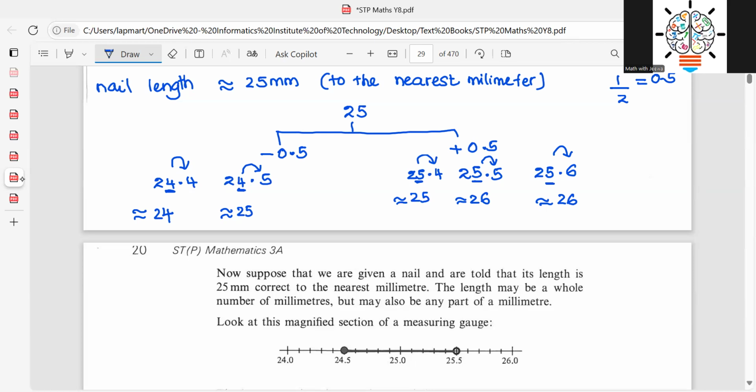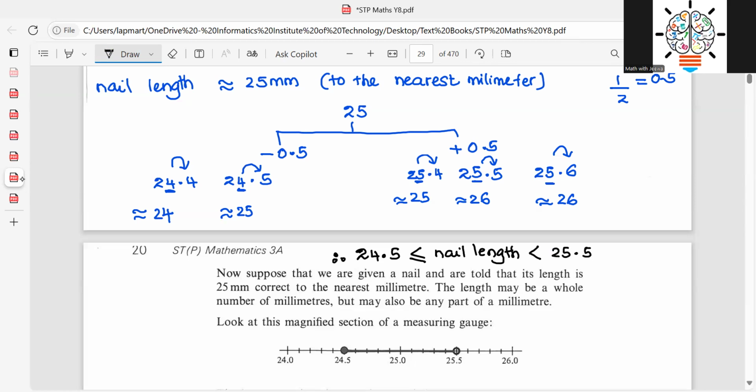So then what will be the value? Therefore, it is in between: the nail length can be 24.5 or more than that, or it should be less than 25.5.